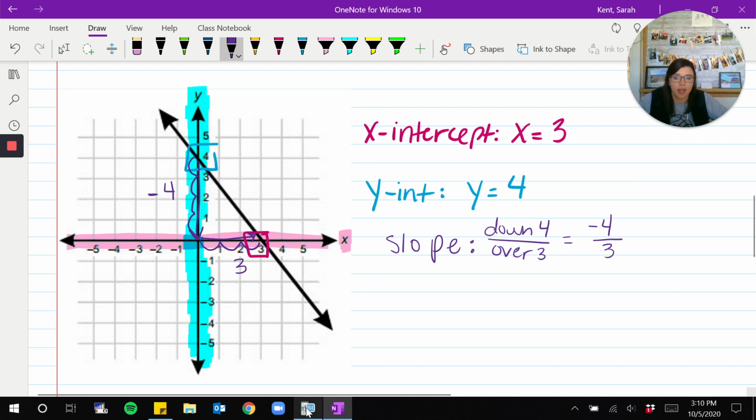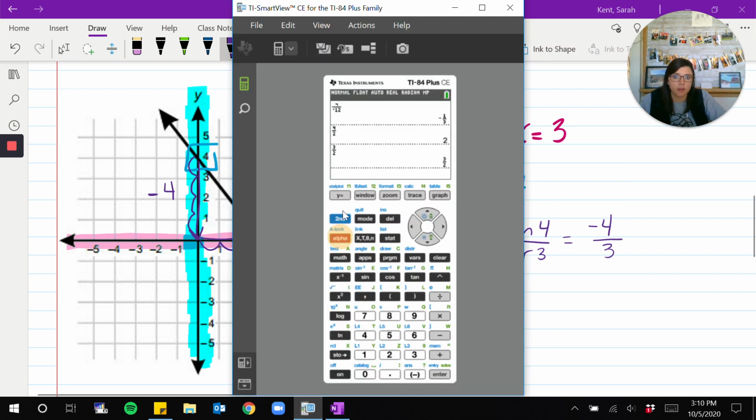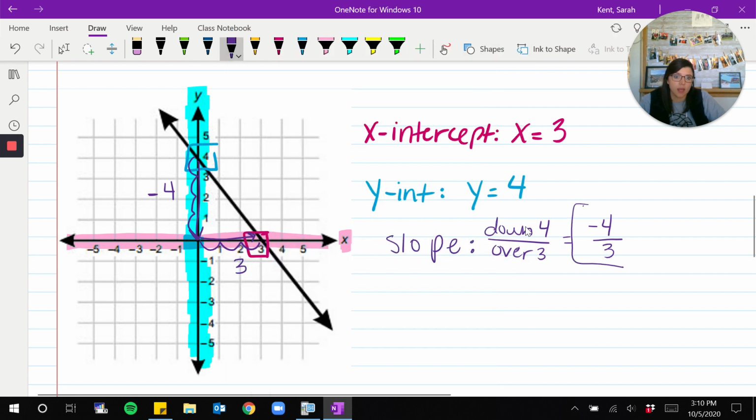And again, I can put this in my calculator. Alpha y equals, enter, -4 over 3. And when I press enter, I still get -4 over 3. So this right here would be my final slope. So for our last piece of the equation, y equals mx plus b, again, for the m, we're going to plug in the slope.